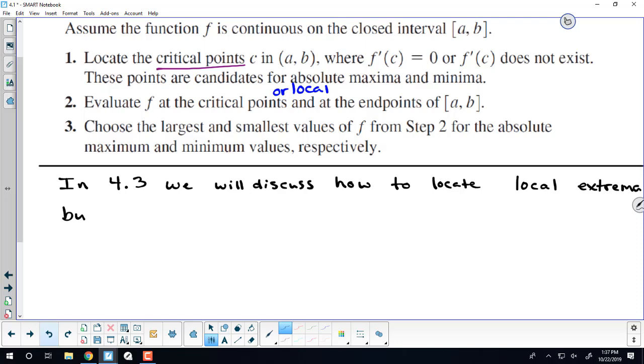But the first step in doing so is to find the critical points.